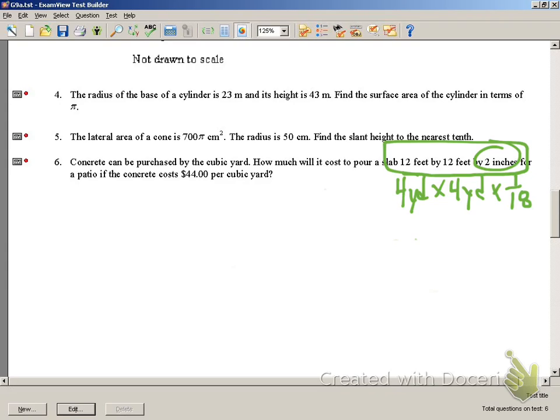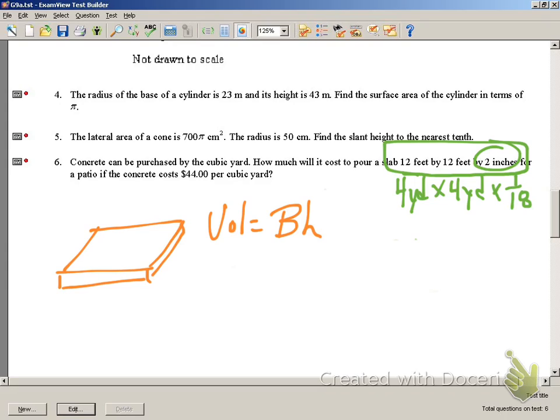We are looking for a patio, a slab poured. Now, this is a prism. If we're looking at 12 by 12 by 2 inches, it's a rectangular prism. So we need to find volume for a rectangular prism. That's the area of the base times its height.